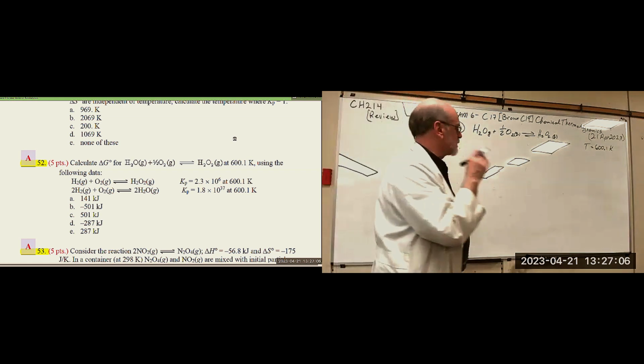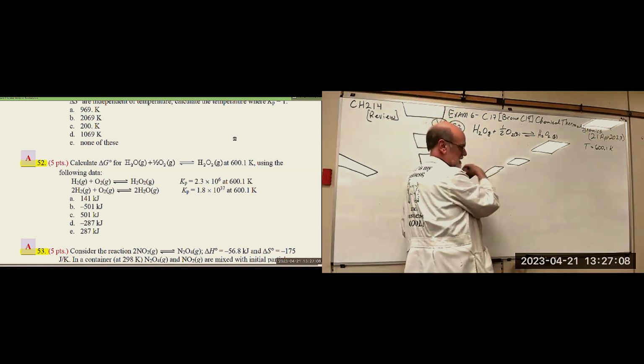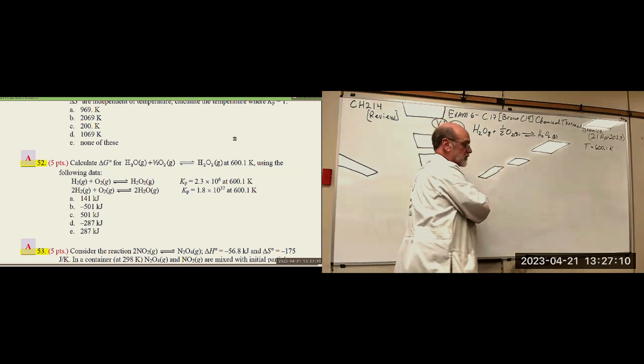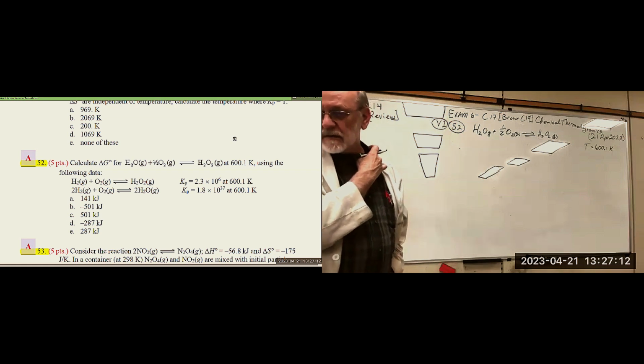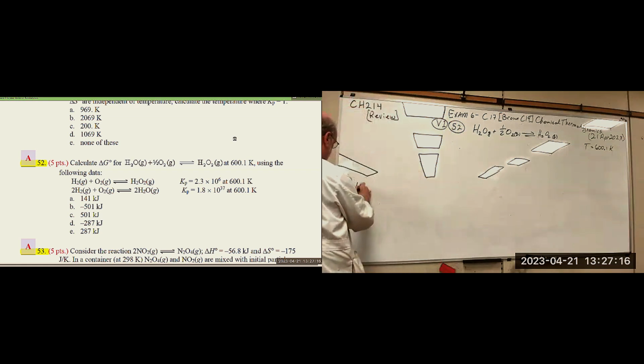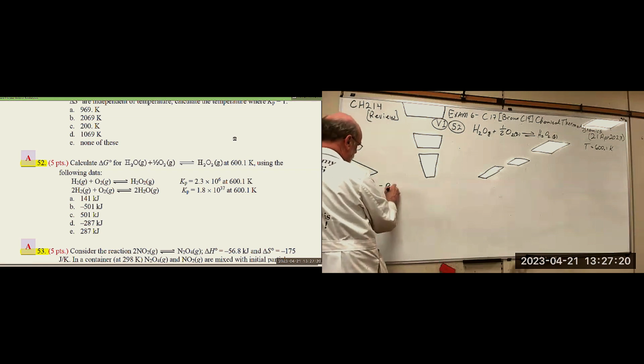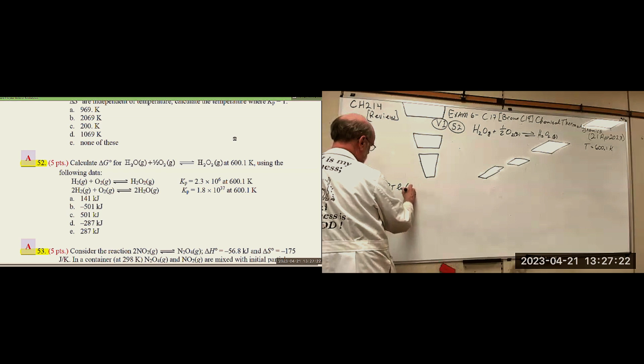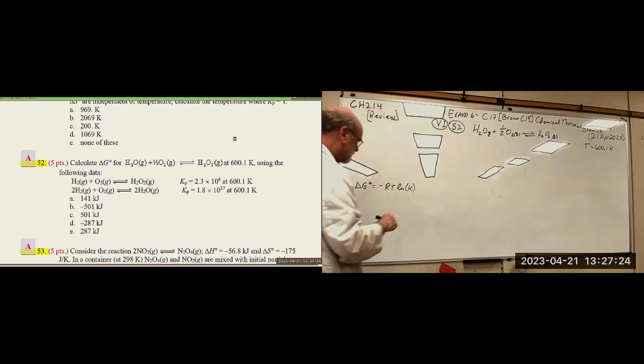We need to find the K for the reaction, the equilibrium constant, because of this relationship: delta G equals negative RT log K.